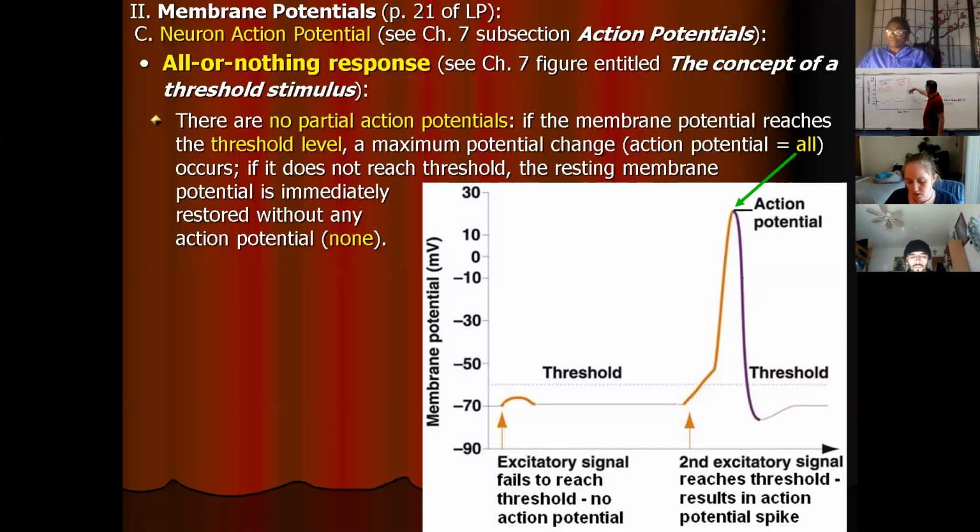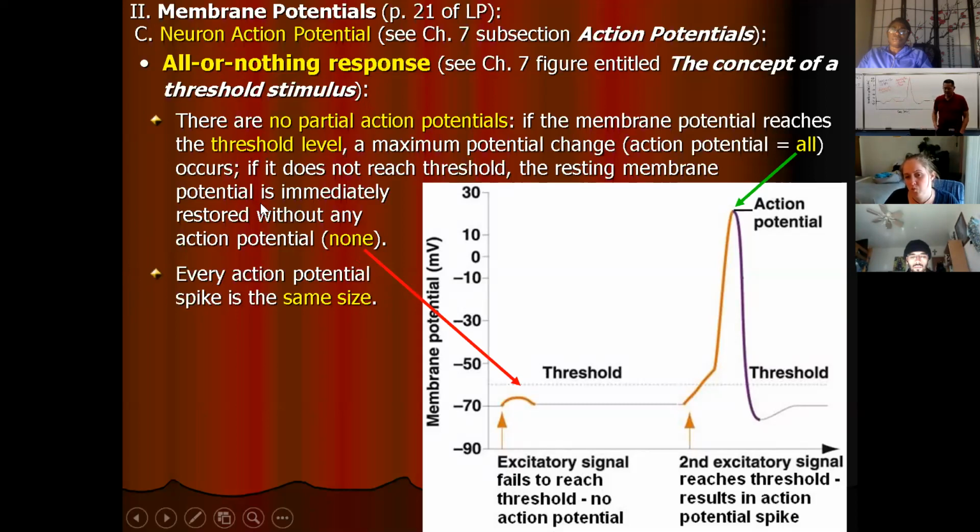Hit threshold, boom. Don't hit threshold, blant. All or none. Every action potential spike is the same, and on the second diamond, write for that neuron. For that neuron, every spike is the same.